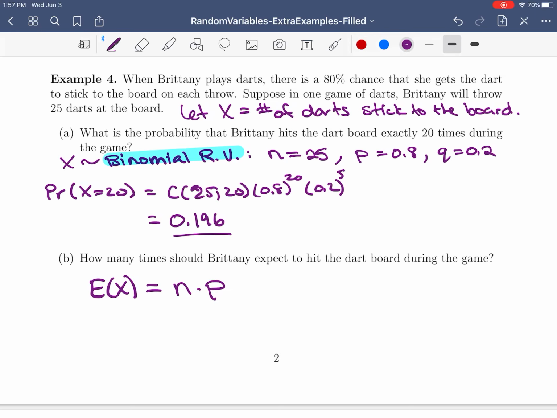So it's just n times p. So the n is 25 and the p is 0.8. So Brittany should expect to stick to the board, actually, she should expect to do it 20 times. So we got a nice integer here. It doesn't have to be an integer though.